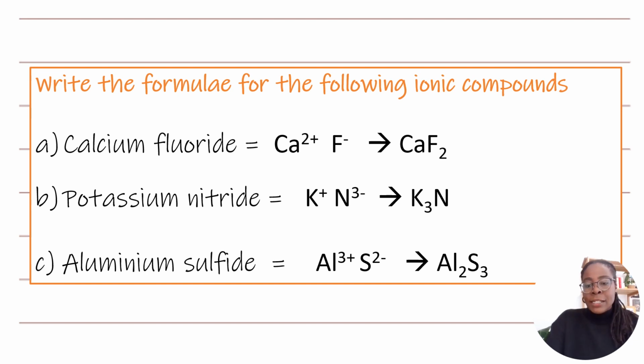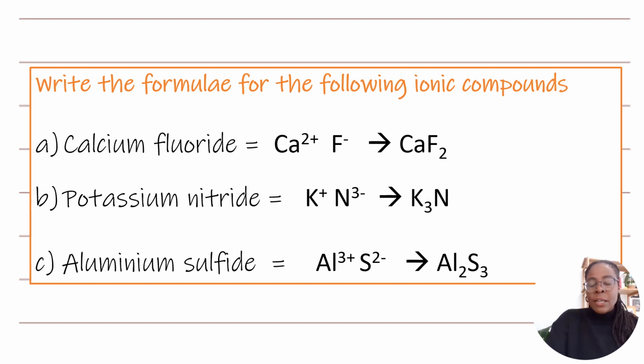Next, we are writing the formulae for these ionic compounds, and we can use our cross multiplication trick. So calcium fluoride, Ca2+ and F−, we give the 2 over to the F, give the invisible 1 over to the calcium, and so we end up with CaF2.